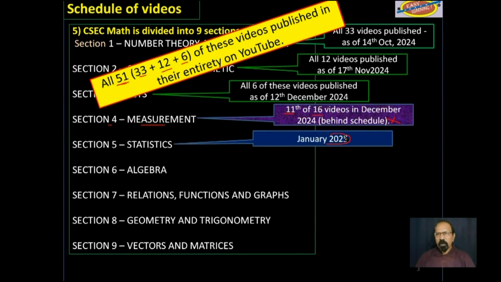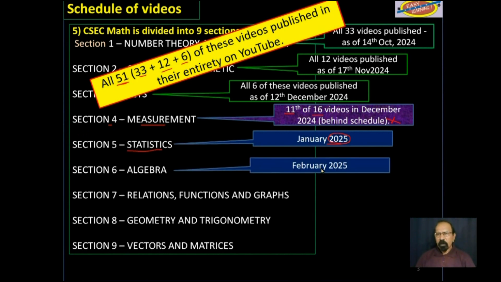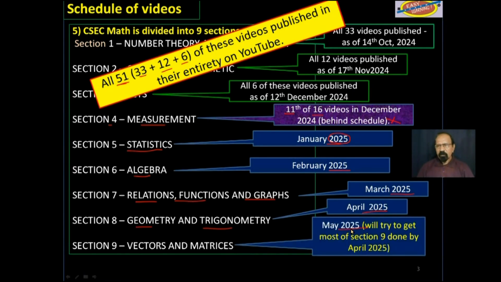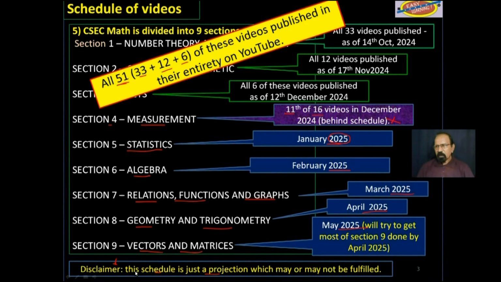Hopefully, January 2025, statistics, and then February 2025, algebra, March 2025, functions, relations, and graphs, April 2025, geometry and trigonometry, and finally, May 2025, vectors and matrices. Disclaimer: this schedule is just a projection which may or may not be fulfilled. It is not a contract with anyone.